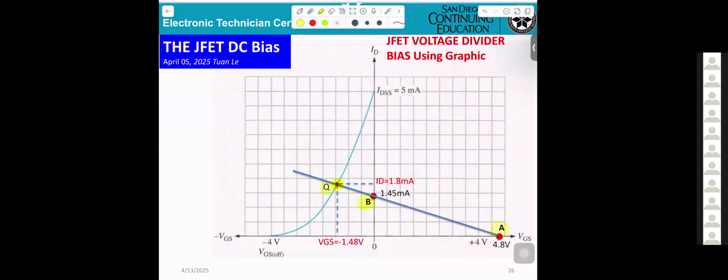You get VGS. Okay. That's how we can work with voltage divider. Okay. If they are not given any more values, what you have to do is draw 2 points. Let me draw the line. Intercept of the curve. You get that Q point. Okay.